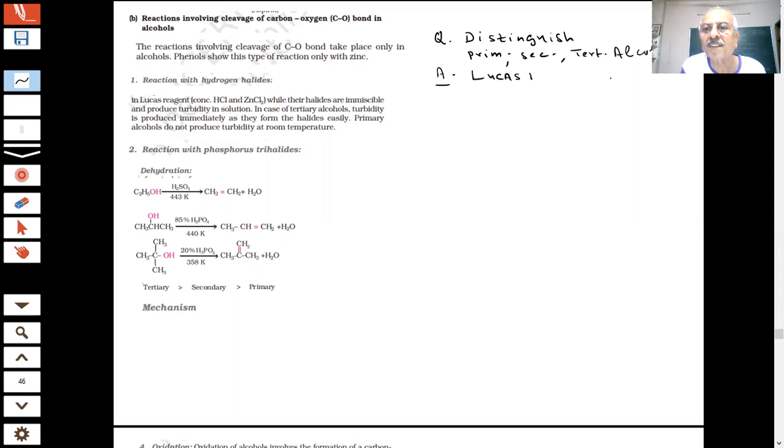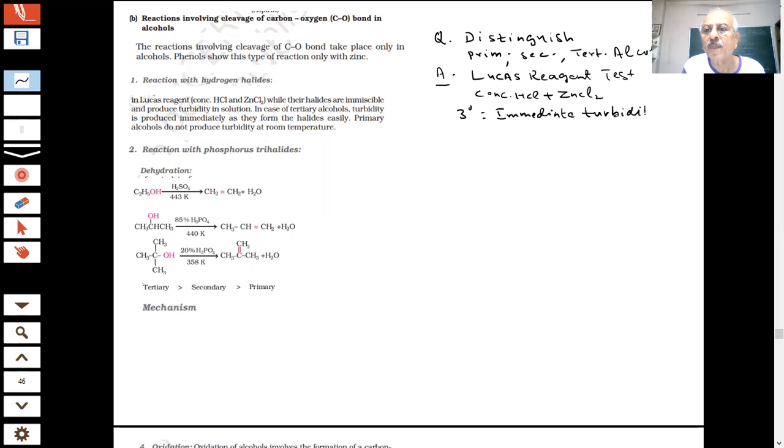Lucas reagent test. The question was, what is Lucas reagent, student? Concentrated HCl and ZnCl2. When you add this to tertiary alcohol, 3 degree, you get immediate turbidity.